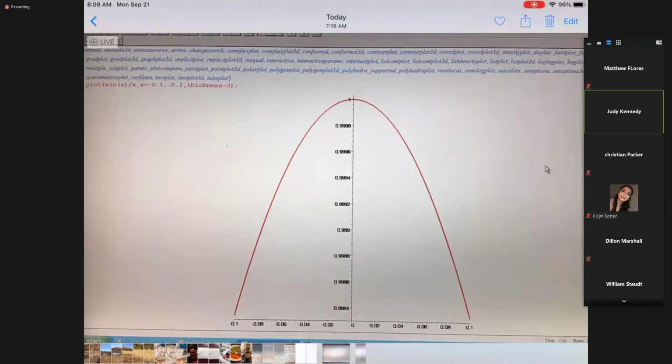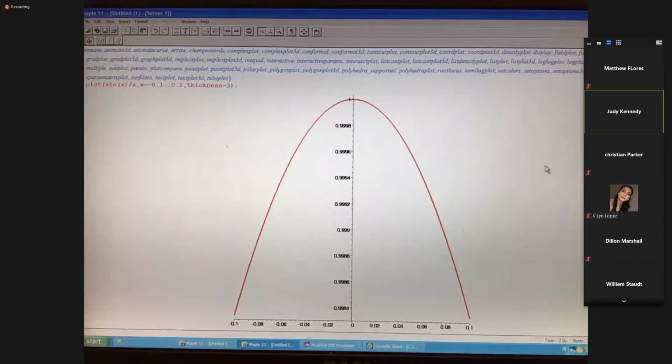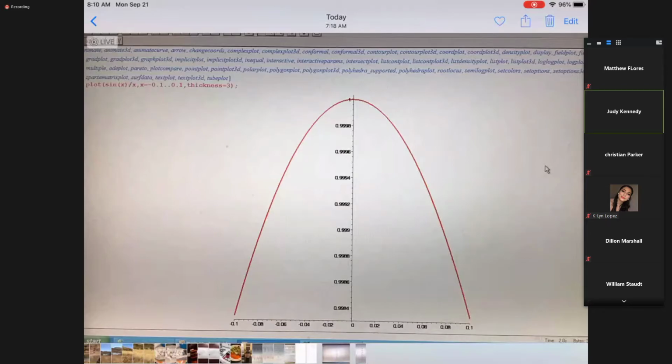I used a computer algebra system called Maple, and I told the machine to graph it between minus 0.1 and 0.1. This graph ignores the fact that at 0, what you get is sine of 0 divided by 0, which is 0 divided by 0. So 0 is not in the domain of sine of x over x.